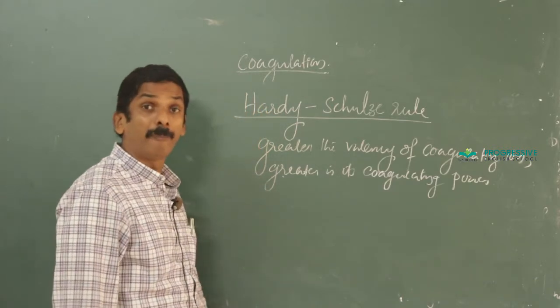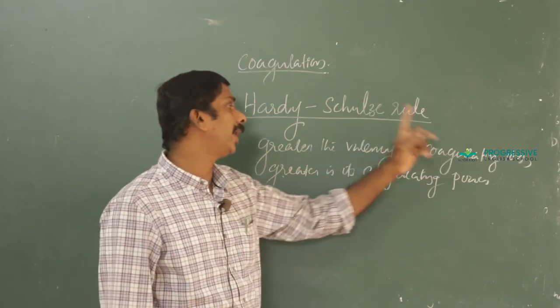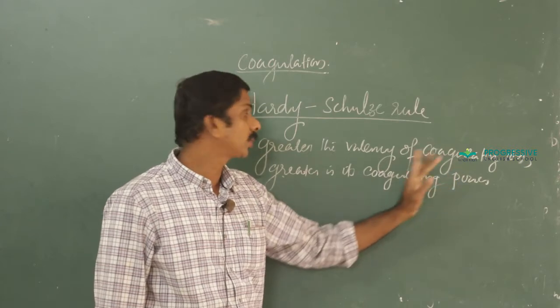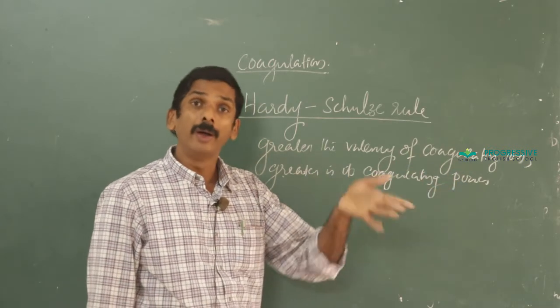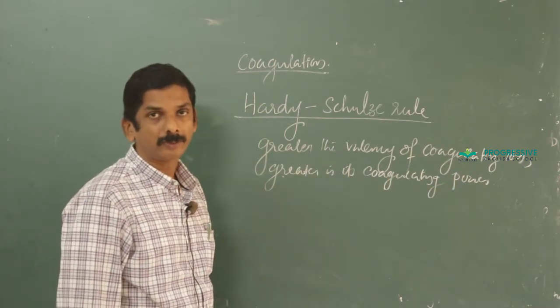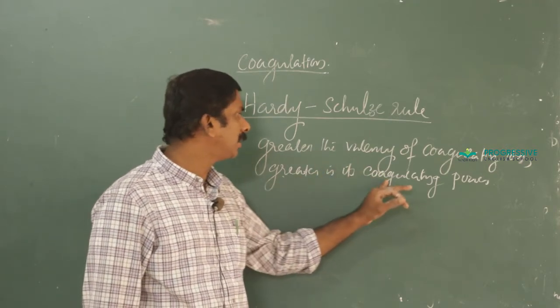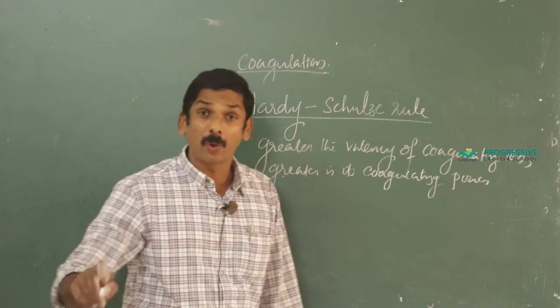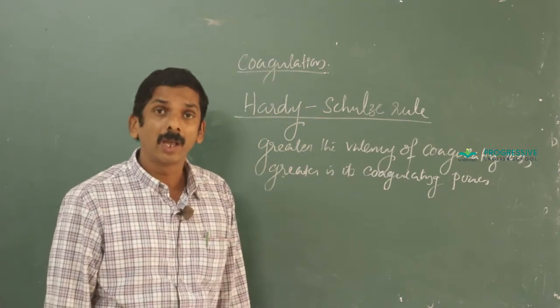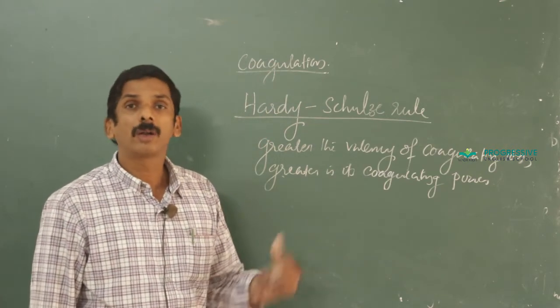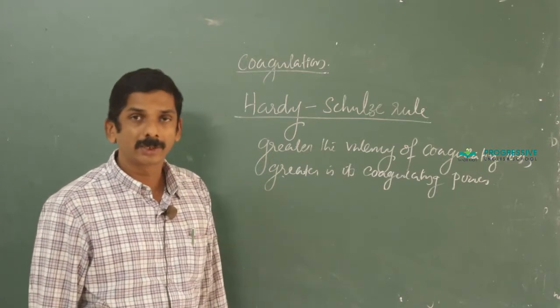That is, depending upon the valency of the coagulating ion, coagulating power also increases. Clear? As the valency of the coagulating or flocculating ion increases, coagulating power also increases.